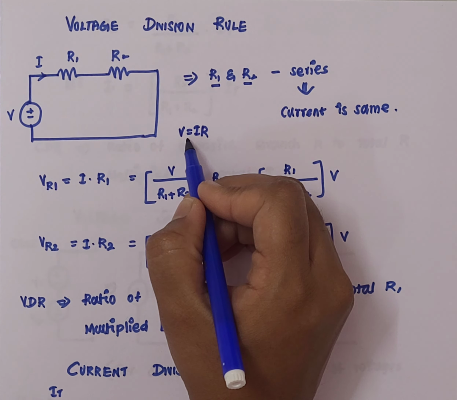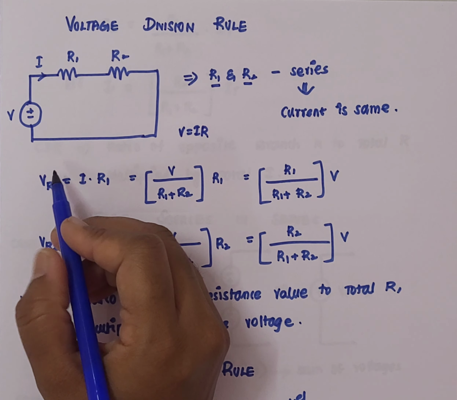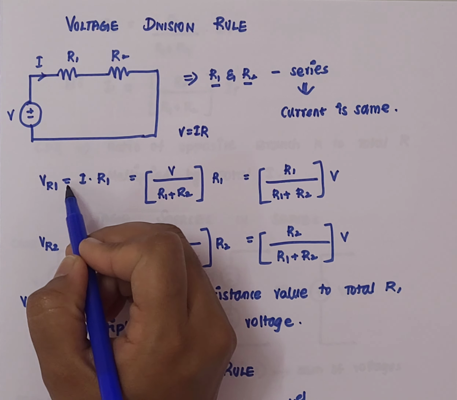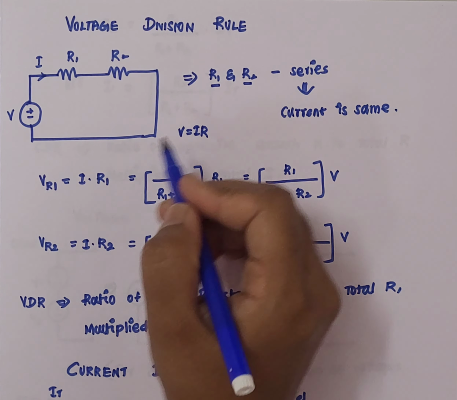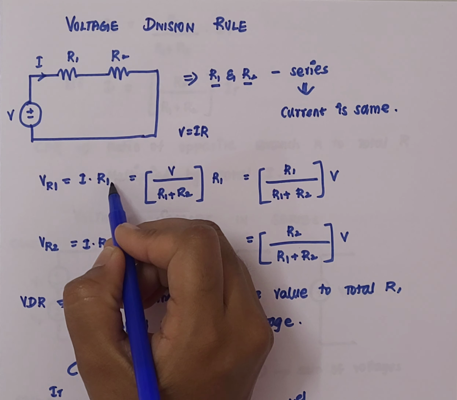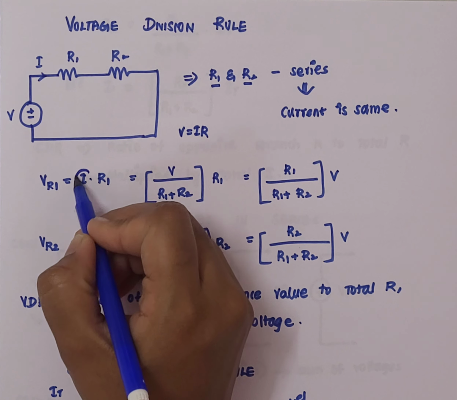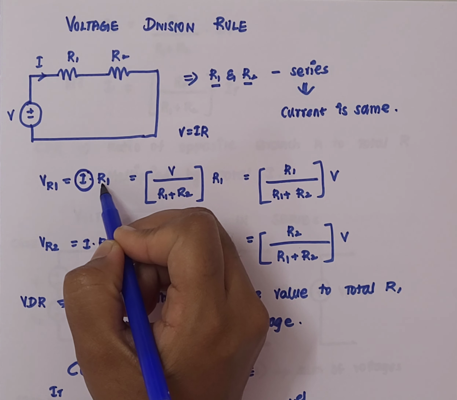Since it is taken across the resistor R1, let us take it as VR1, which is equal to I into the corresponding resistor R1. Now we can replace the value of I in this equation.